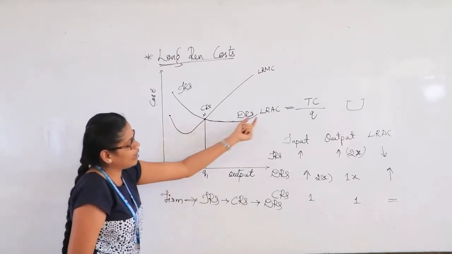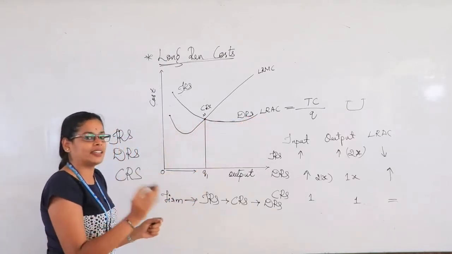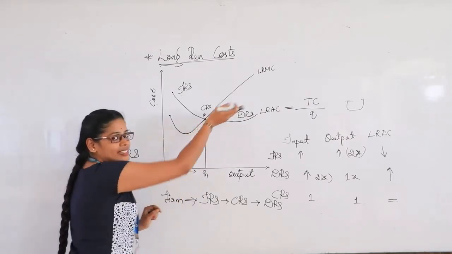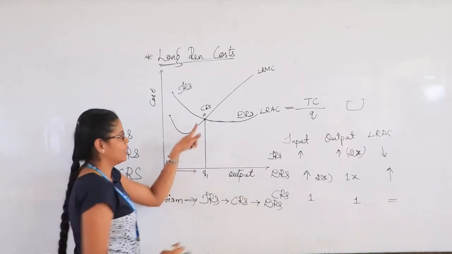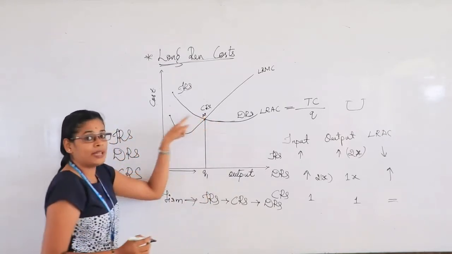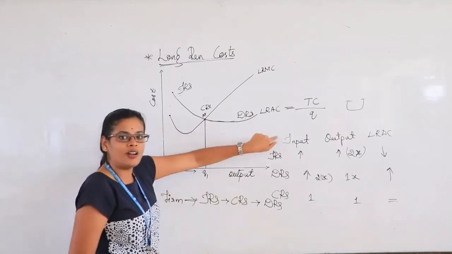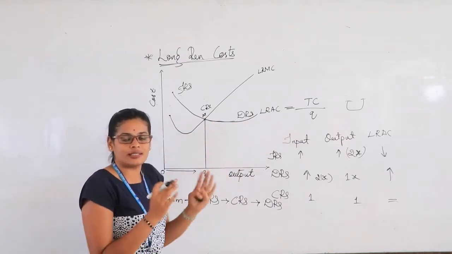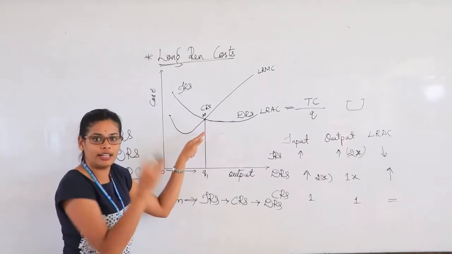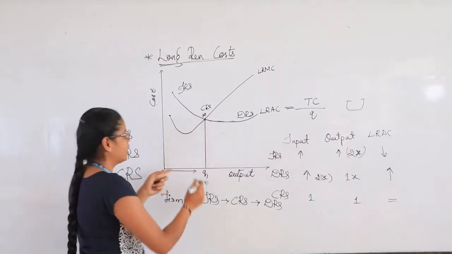This average cost falls only up to a certain point. After that point, it starts increasing, okay? So that's the point we call M. M is the minimum point of the long run average cost. After that, it never falls, it starts to rise.